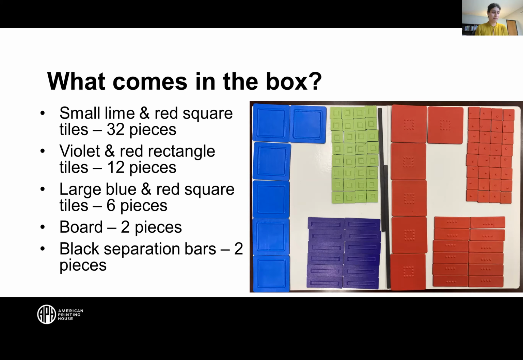But Brianna and Wyatt, would you like to talk about the various colors and the textures and what comes in the box? Why don't you go ahead and talk to us about that? So there are multiple shapes. There are rectangles. There's a big square and a small square.